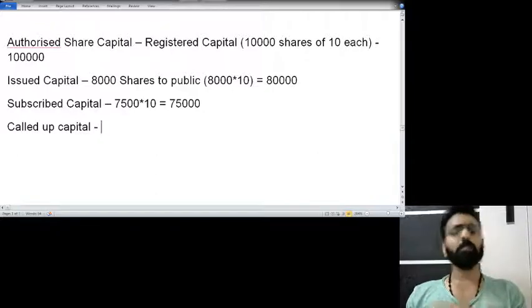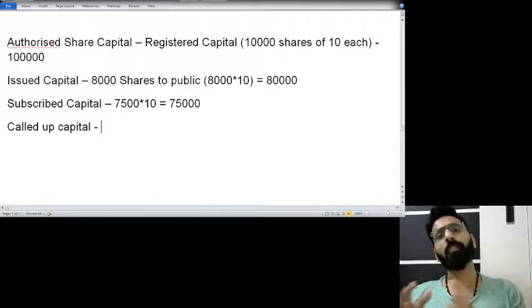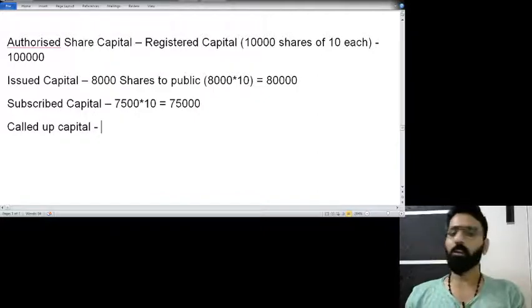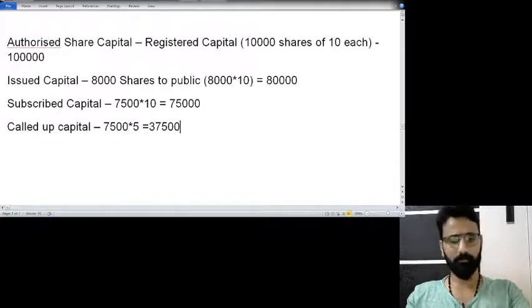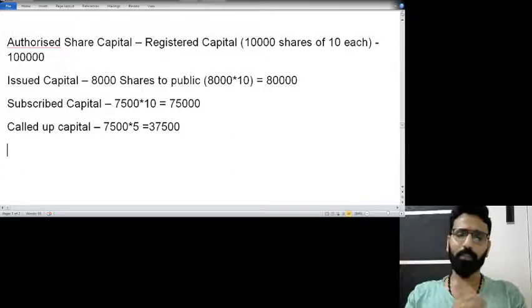As of now, the balance 5, I'll call you as and when I require. So my called up capital here is 75,000 into 5, and it is 37,500 is what I called. I only called 5 rupees on each share which is subscribed by the public. So my called up capital is less than my subscribed capital. It can be equal but it can't be more.